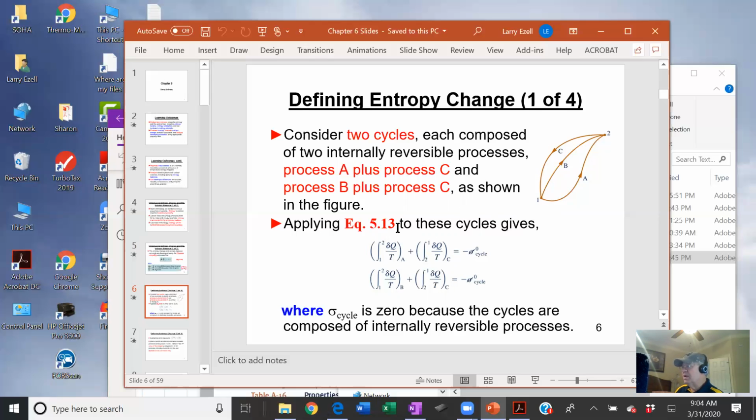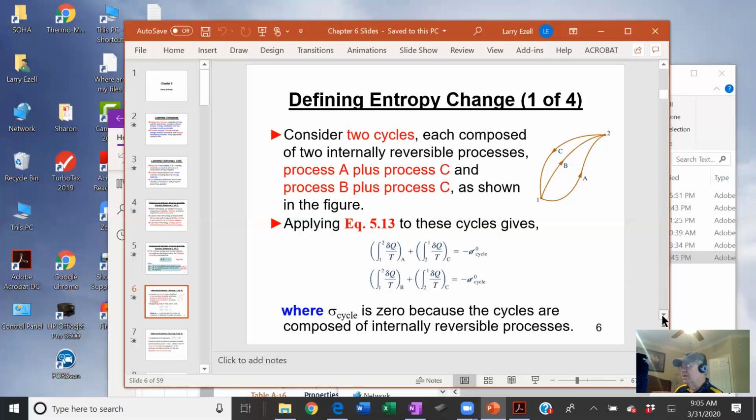So if we apply equation 5.13, that's the Clausius inequality, we find the integral over process A plus the integral over process C is equal to minus sigma. It's equal to 0 because they're reversible. For processes B and C, the integral over process B plus the integral over process C is equal to 0.